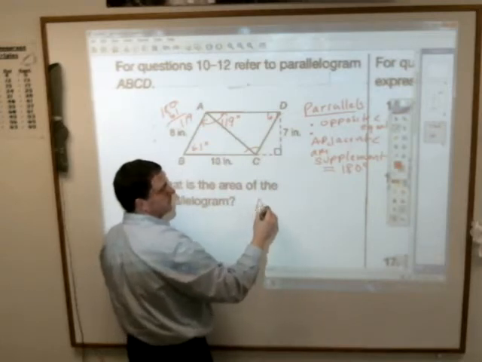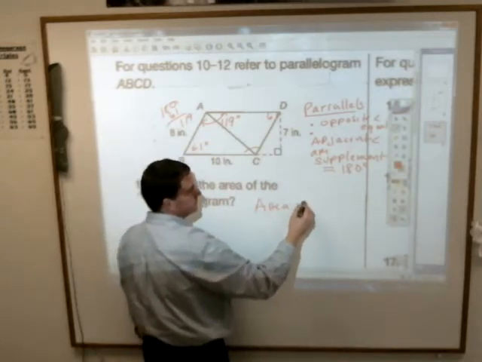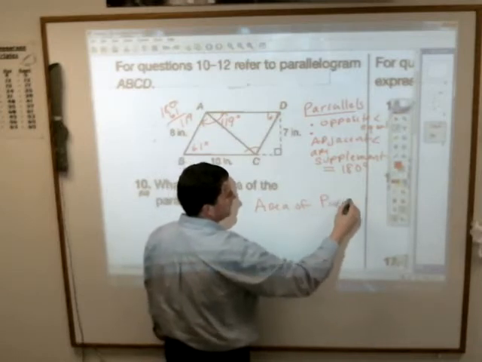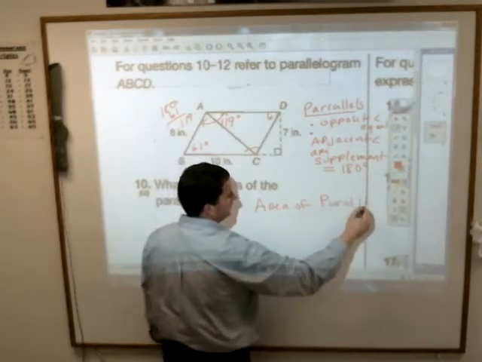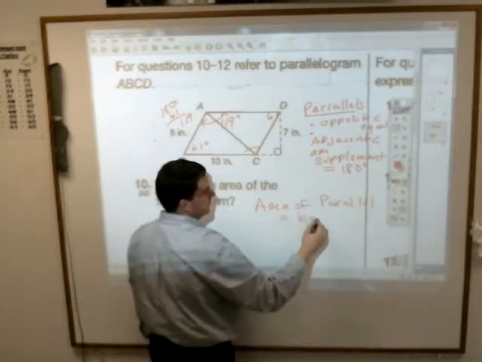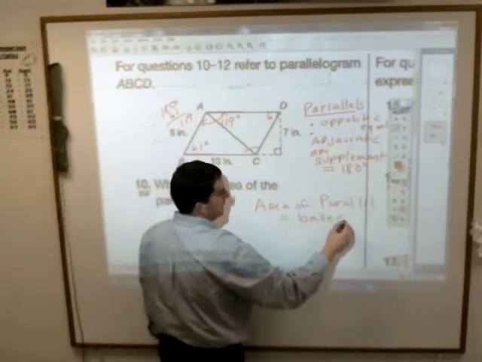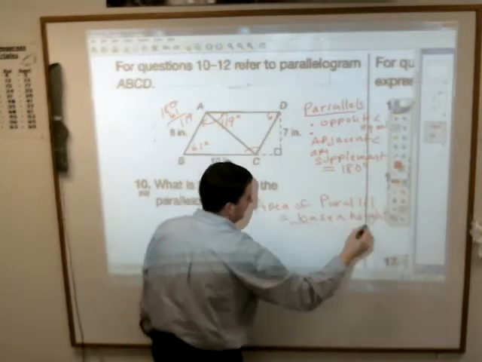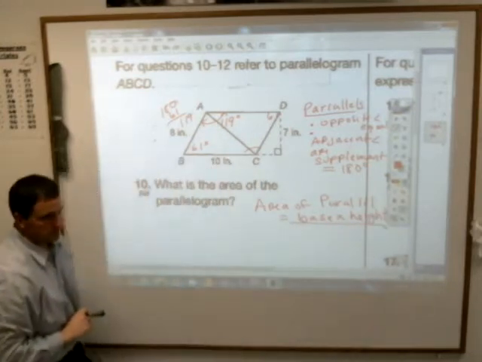Write this down. The area of a parallelogram, I'm going to have to look back and see. The area of a parallelogram is base times height. Okay.